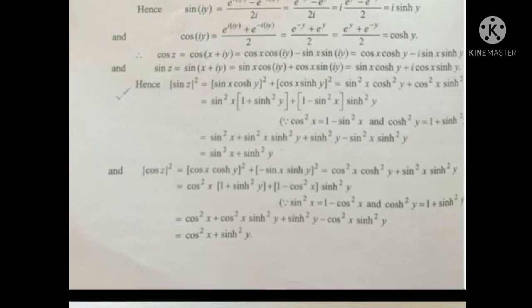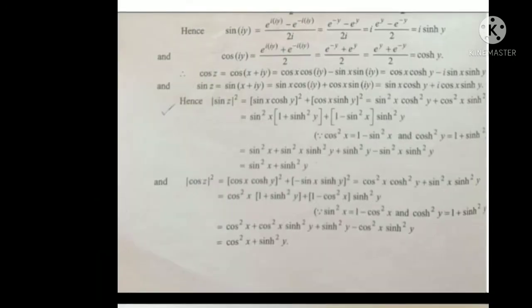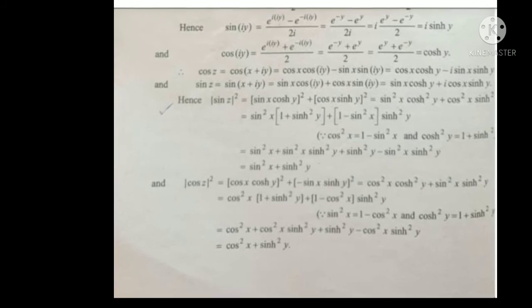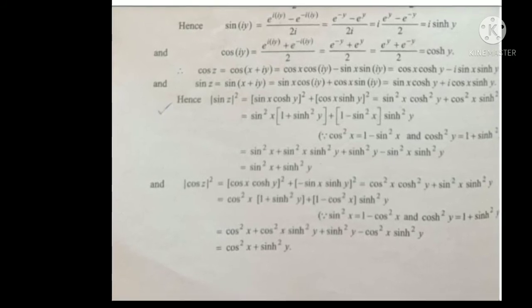We know that cos²x equals 1 − sin²x and cosh²y equals 1 + sinh²y. So that is equal to sin²x + sin²x sinh²y + sinh²y − sin²x sinh²y, which is equal to sin²x + sinh²y.